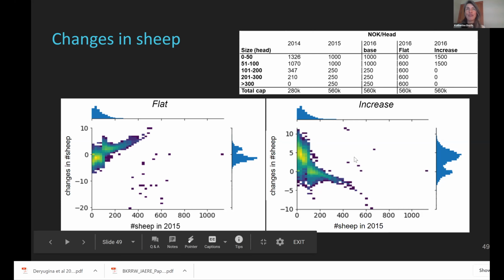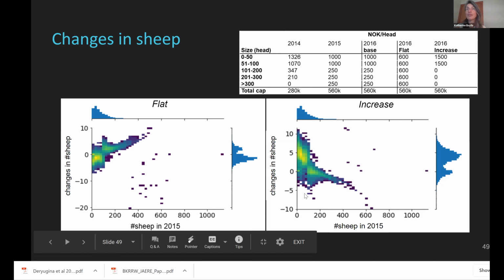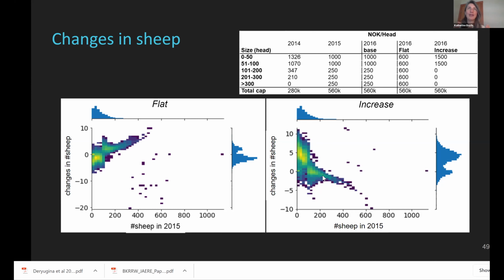Versus on the flip side, if you're a large sheep producer and the government concentrates the subsidy on smaller sheep producers, you're going to reduce the number of sheep you've got, versus the smaller folks are going to generally increase. Notice there seems to be a cut point there at 100. None of this is a particular surprise.